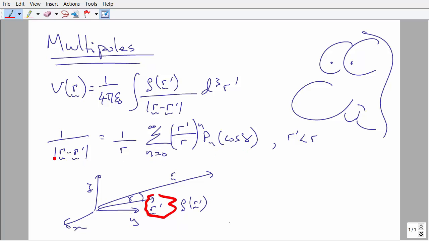So if we substitute this expression into our expression for the potential, we generate the following expression.